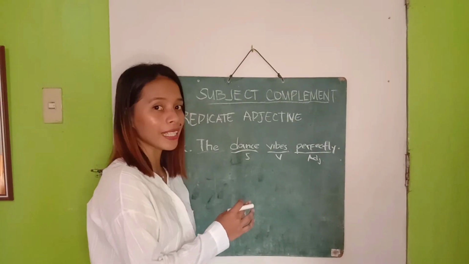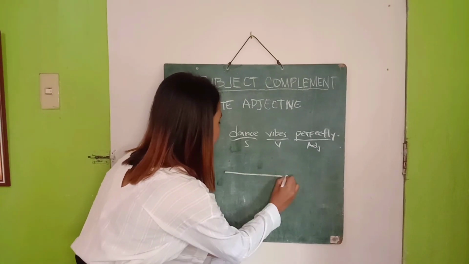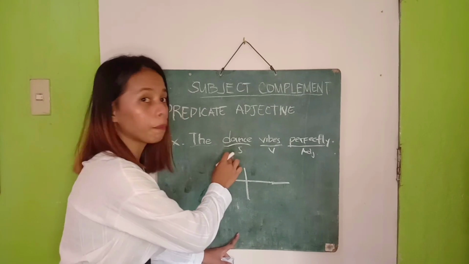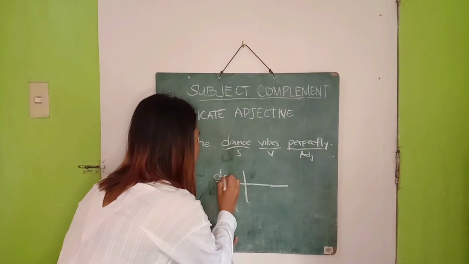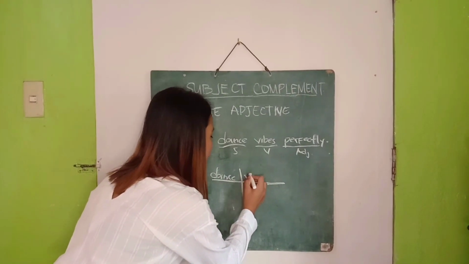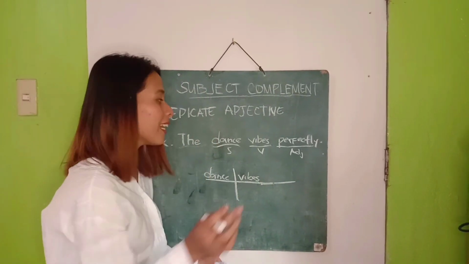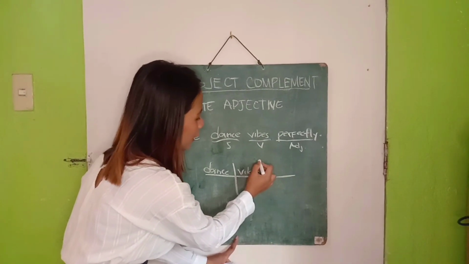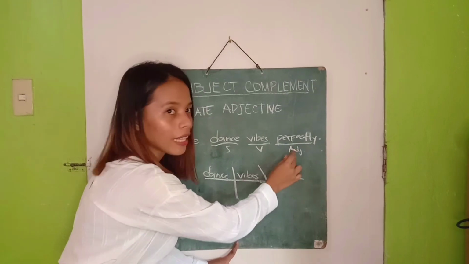To diagram this, still draw a horizontal and a vertical line, and put the subject on the left side and the verb on the right side. Again, to divide the verb and the adjective, we're going to draw a slanted line here and put the adjective.